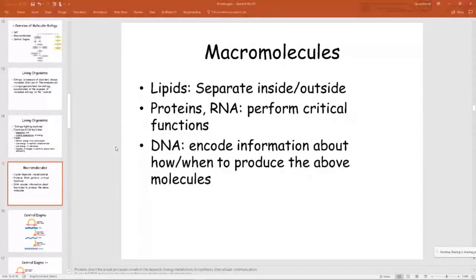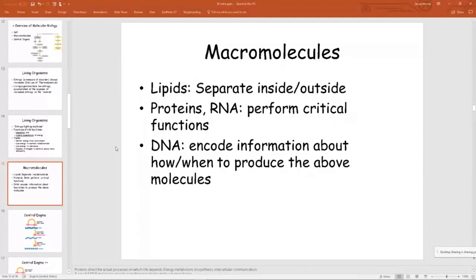Okay. To accomplish these tasks, the basic components that are available to life as we know it are these macromolecules. Lipids provide separation of inside-outside, so the cell membrane is made out of lipid. It's sort of an oily substance, right? Oil floats on top.